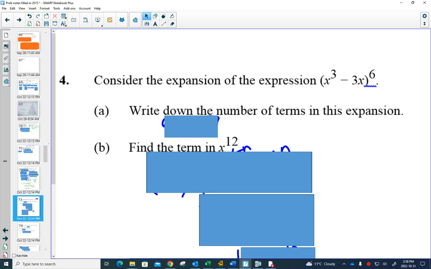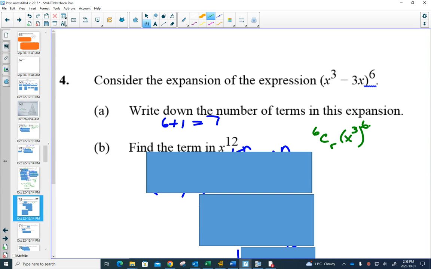number 6. Yeah, when we get to number 6, this one is really easy. But do you remember how to tell how many terms there are? It's always one more than the exponent. And then if you wanted an x to the 12 in this one, okay, let's look at this. You're going to have 6 choose r, x cubed to the 6 minus r, negative 3x to the r.